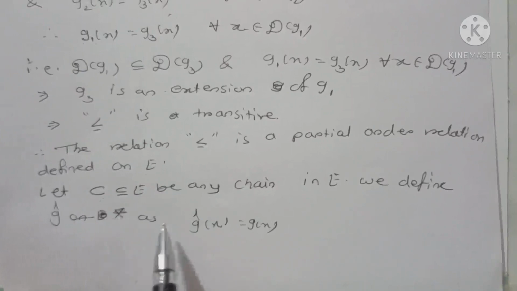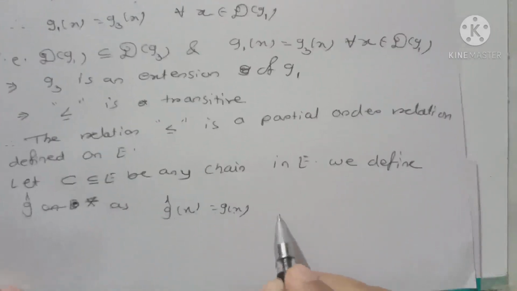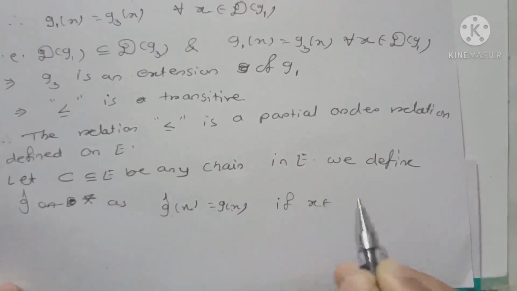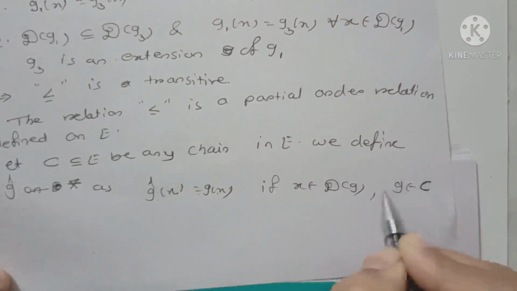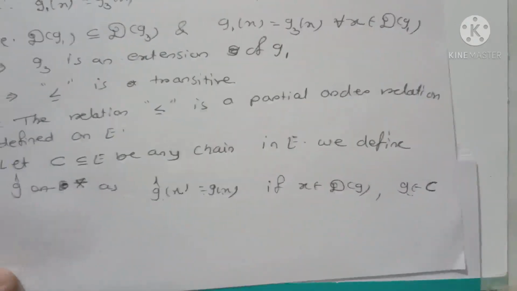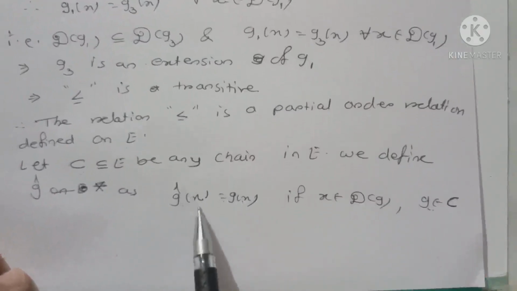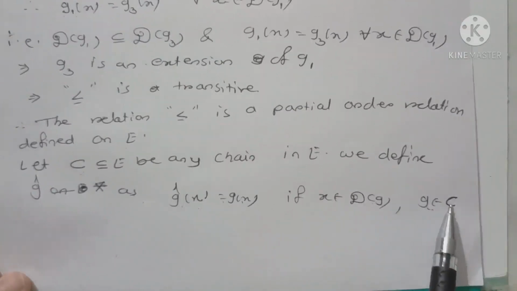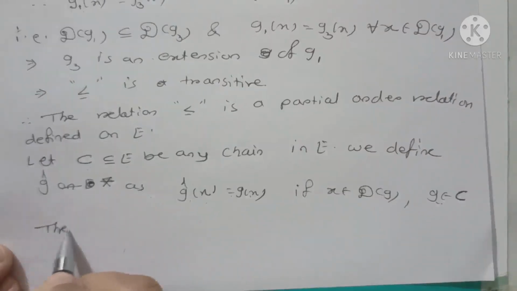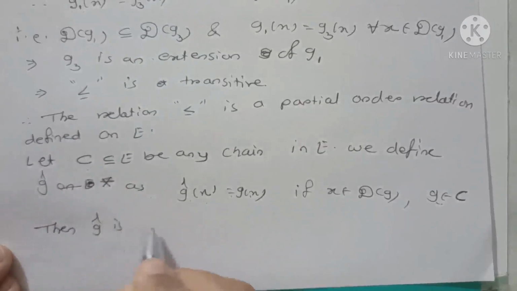We define g-hat of x equals g of x if x belongs to the domain of g, and here this g belongs to C. g is a member of the chain C, and we define g-hat of x equals g of x if x belongs to the domain of g, where g is an element of C. In this way we define g-hat. Then g-hat is a linear functional.